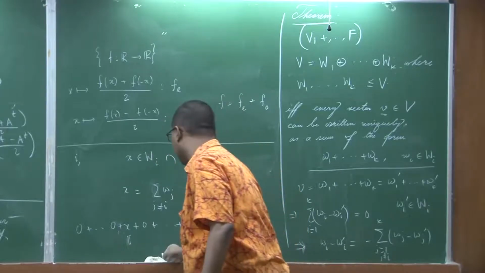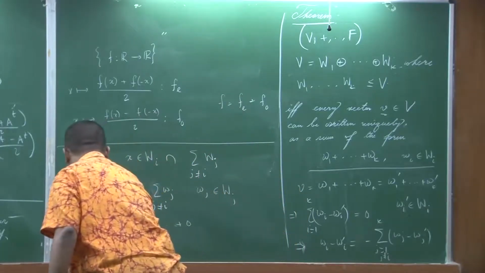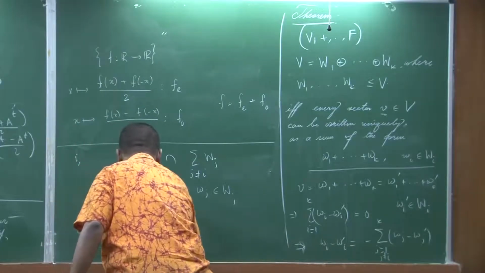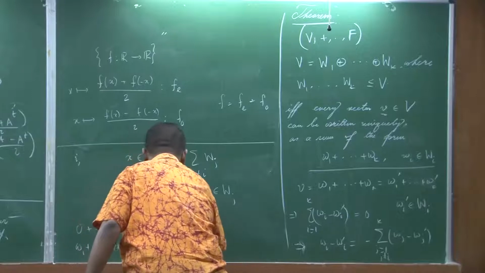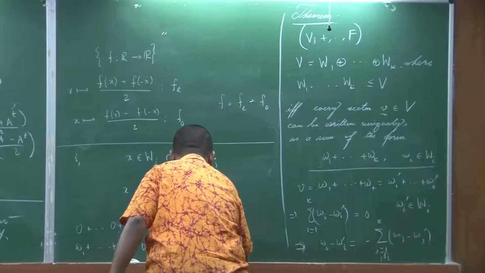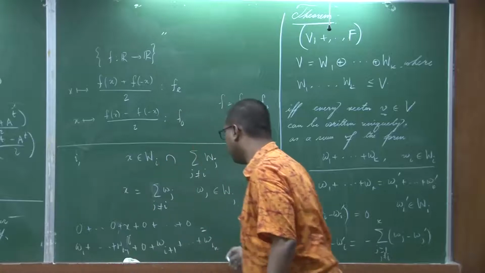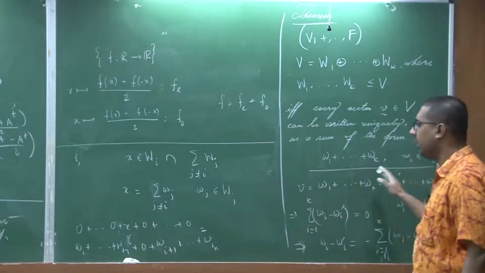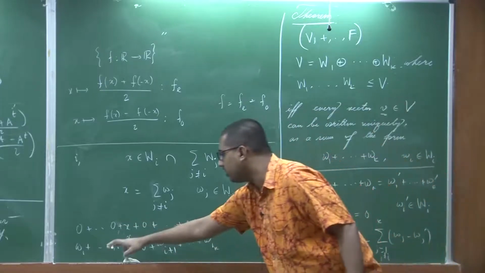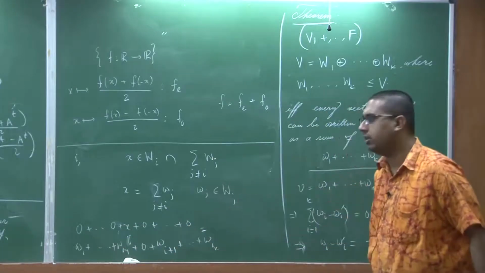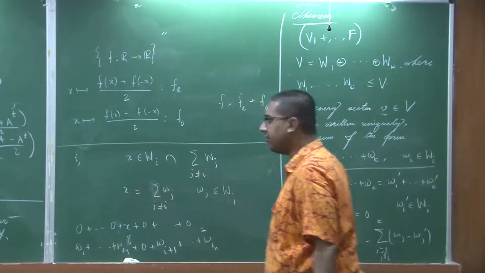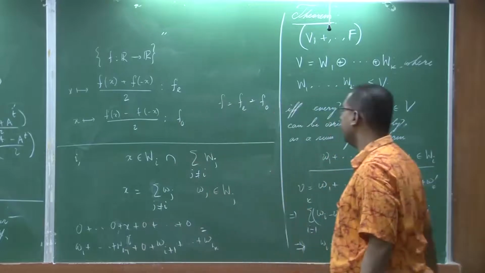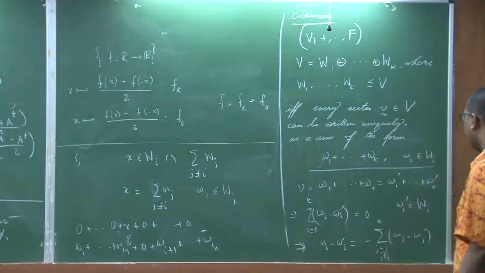Another representation is w1 plus and so on plus wi minus 1 plus 0 plus wi plus 1 plus and so on plus wk. So x has these two representations, and from the assumption that the representation is unique, it follows that all wi's will be 0 and x will be 0. That shows the intersection is trivial, so the sum is direct. This establishes the uniqueness.